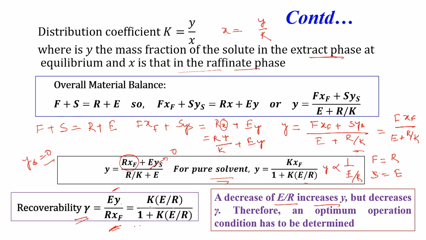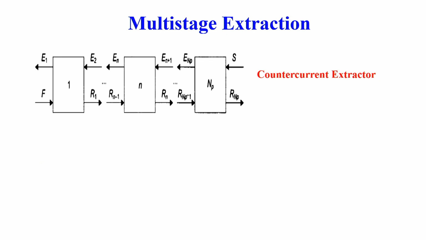So, it says recoverability is directly proportional to E upon R. If you decrease E upon R, at the same time it will decrease the recoverability. Therefore, an optimum operating condition has to be determined to balance between the Y as well as the recoverability.